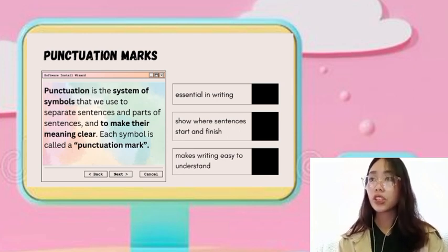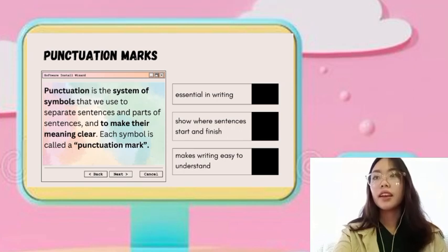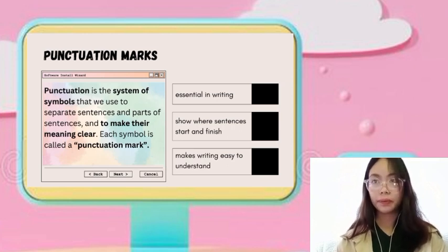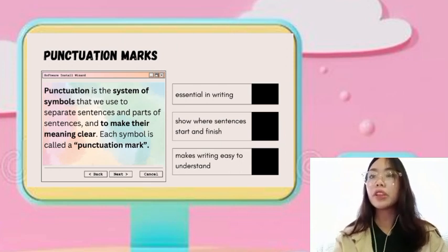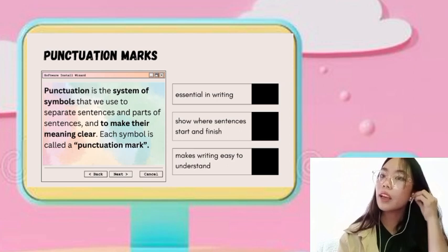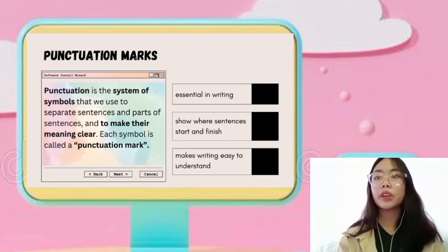Punctuation is essential in writing. Punctuation shows where sentences start and finish. Back when we were in elementary, it was already taught that a simple declarative sentence starts with a capital letter and ends with a period. And lastly, punctuation makes writing easy to understand. Just imagine a written output without commas, periods, and other punctuation marks.